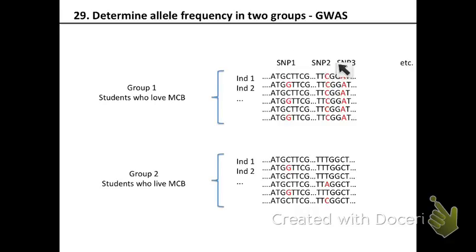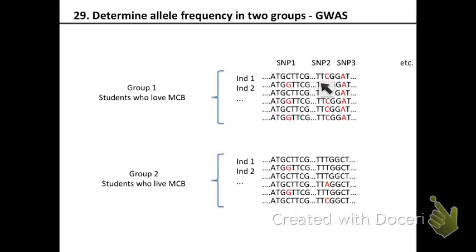So here's a genome-wide association study, a theoretical experiment. I divided you guys into two groups: all the students who told me that they love MCB, and all the students who told me that they loathe MCB, right? And then I sequenced each of these students.